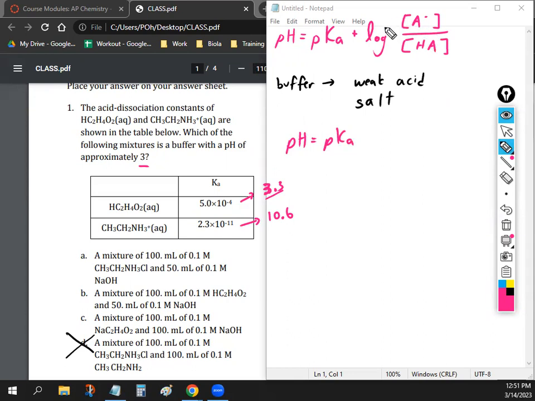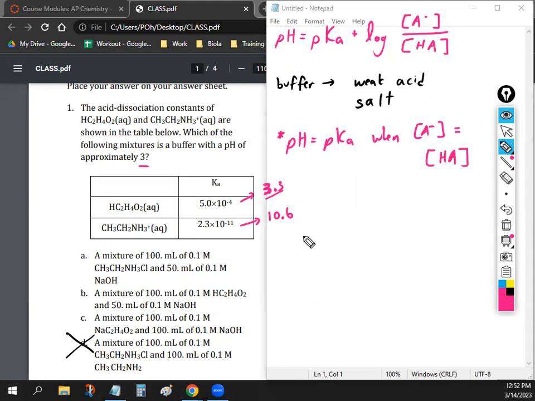Because the log of 1 is 0. So pH is going to be equal to pKa when the concentration of your anion, or the salt, is equal to the concentration of the acid. Does that make sense? That should be the first observation that you have to make. Like I said, this is kind of a hard problem. There's a lot of little things that you need to identify, but just keep that in mind, okay?